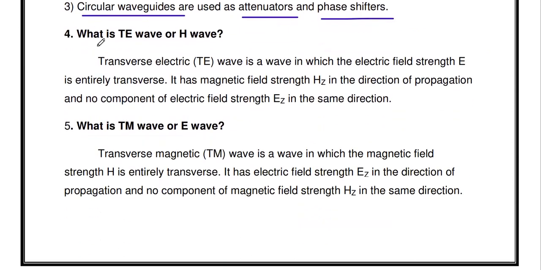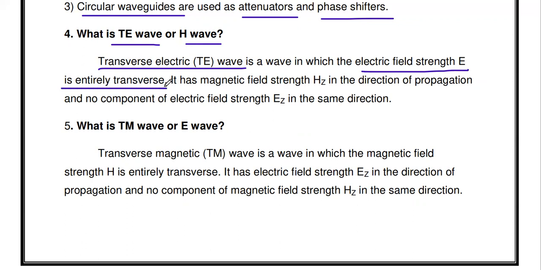Then the next question, what is a TE wave, or H wave? TE means transverse electric wave. The transverse electric wave is the wave in which the electric field strength E is entirely transverse to the propagation direction.